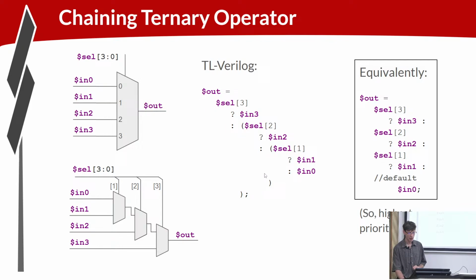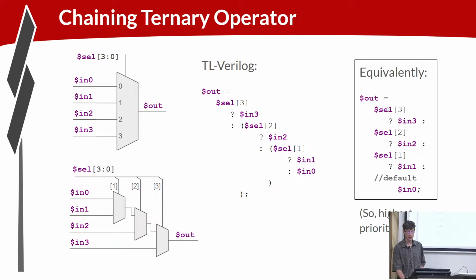We create this chain. It looks rather ugly when you nest it like this. It's a lot easier to read if you line it up this way. So here we're taking advantage of the order of operations of the ternary expression to drop the parentheses, right? This top case is going to get the highest priority if there are no explicit parentheses.